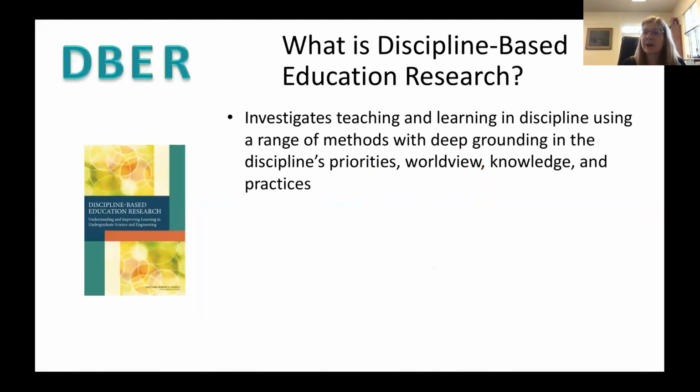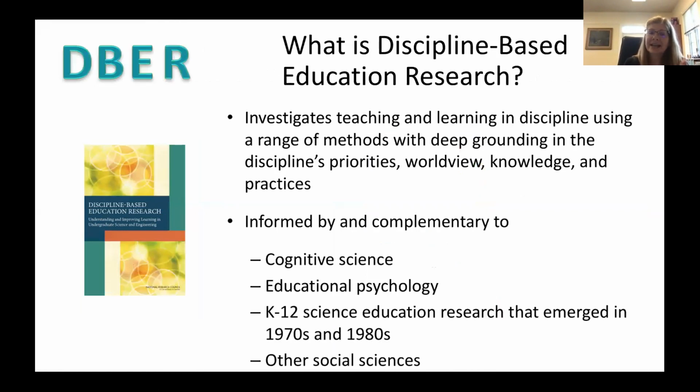And we also saw the emergence of a field called DBER, Discipline-Based Education Research. This particular report was released in 2012, and it's actually the first time there was a synthesis of what we know, based on evidence, about learning in undergraduate science and engineering. 2012, a little surprising, right?